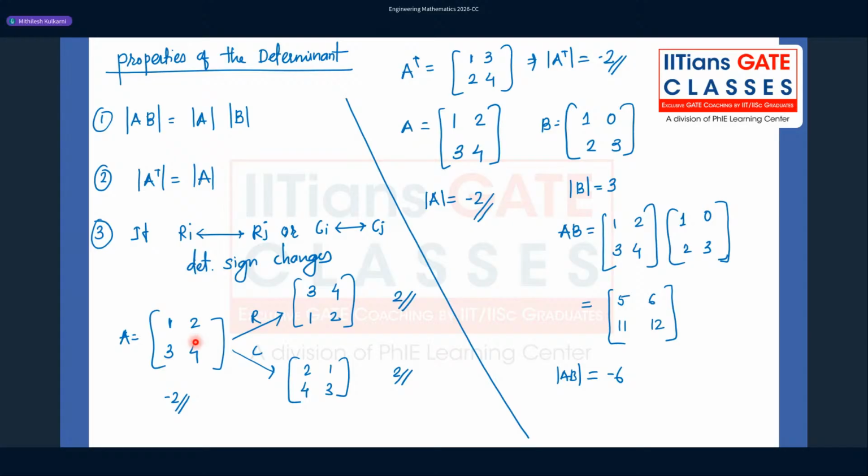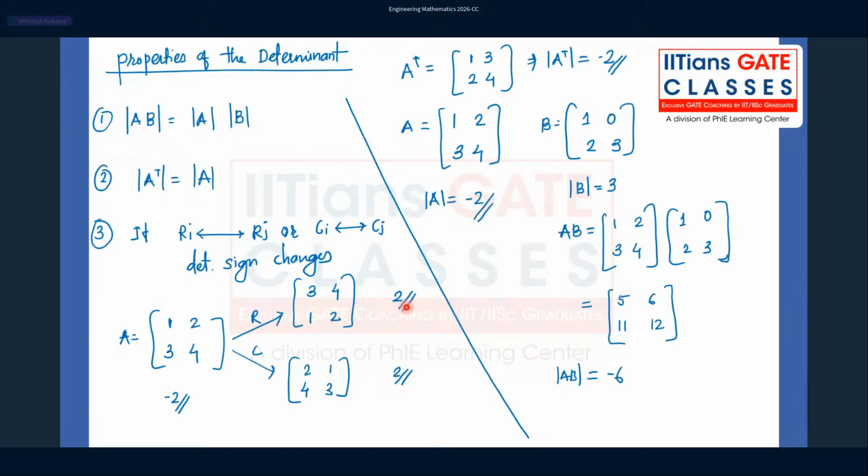What is the determinant of this matrix A? First of all, 1 into 4 is 4, minus 6 is minus 2. This minus 2 is the determinant of A. Now, if I interchange the rows, 1, 2, 3, 4 will become 3, 4, 1, 2. Then taking the determinant, 6 minus 4 is 2.